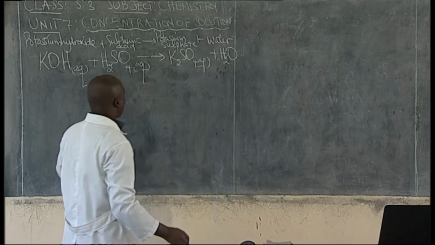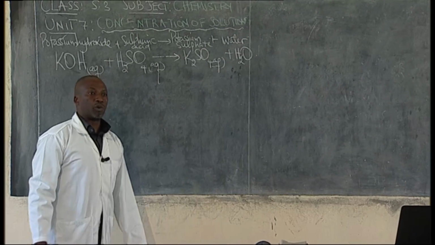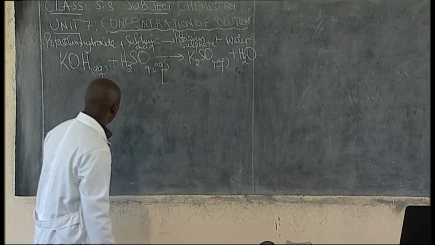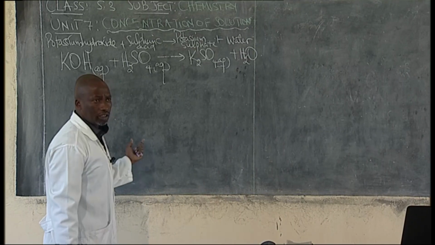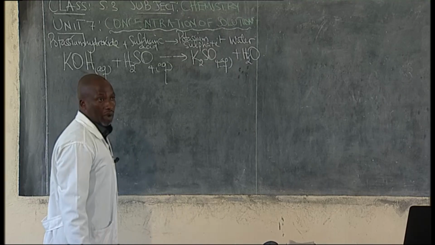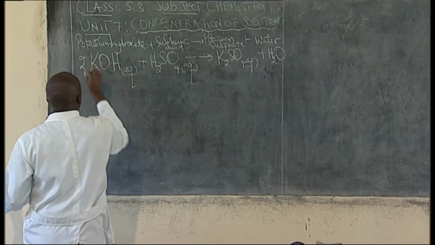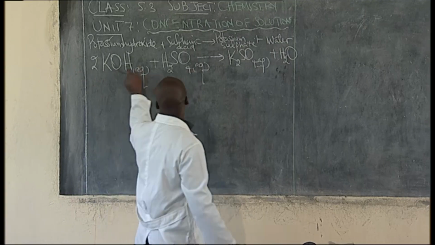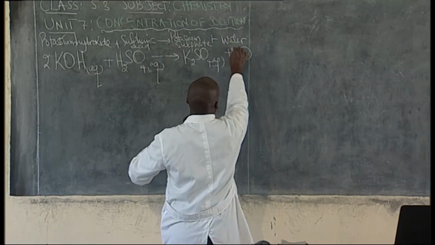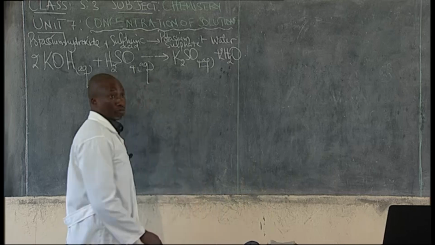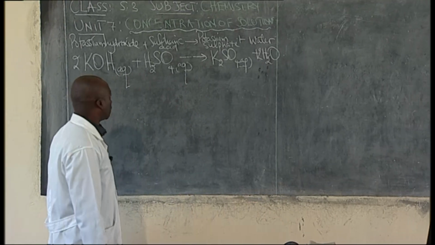So that is the chemical equation. Is it balanced? No, it is not balanced. So you need to balance it. Start with potassium there. Hydrogen is there, 2 here. So you need another 2 to make them 4. That is a balanced reaction.